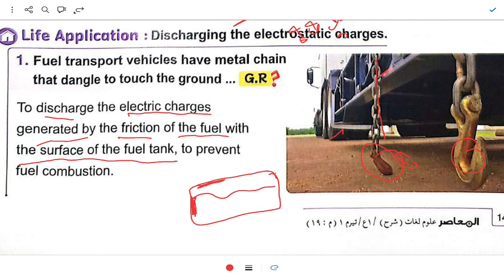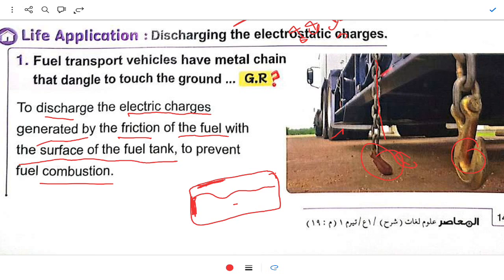This friction may generate an electric charge, and this electric charge may cause a combustion in the oil tank. So it will be dangerous to do that.